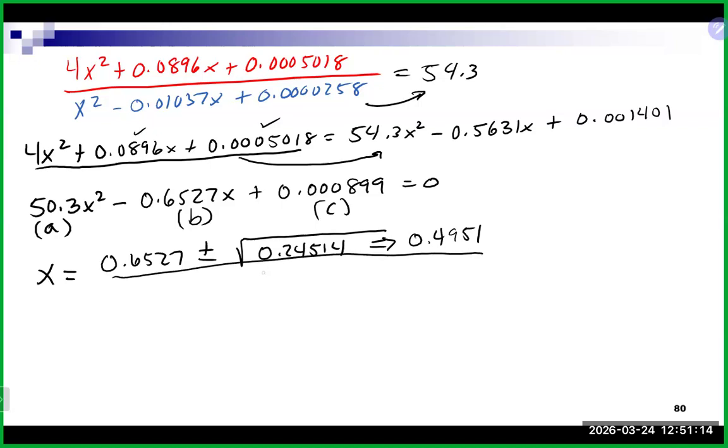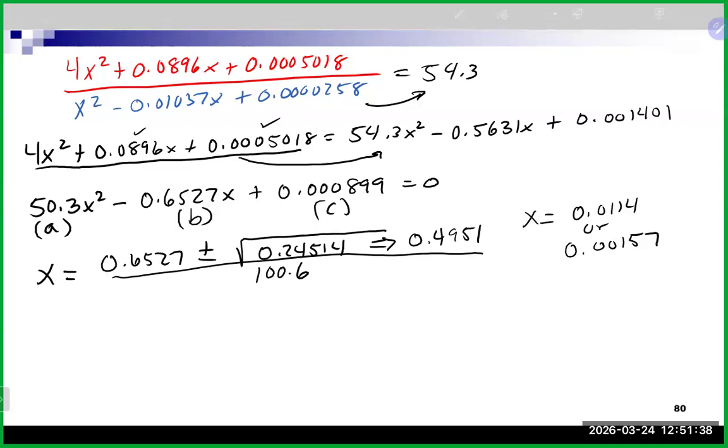That's all divided by 2 times A, which is 50.3, going to get you 100.6 on the bottom. Doing our positive first, I believe we'll get you an X value of 0.0114. Or if you do the subtraction, 0.00157. It's a long way to get those X values, huh?